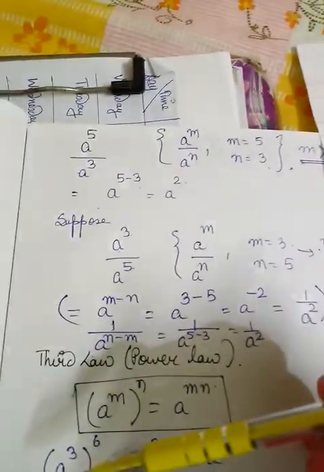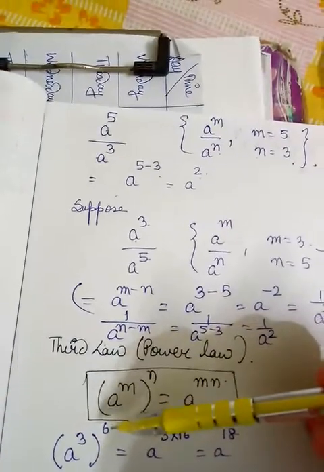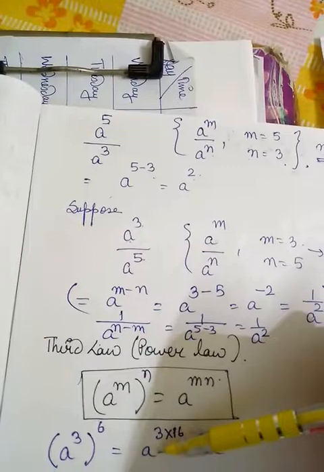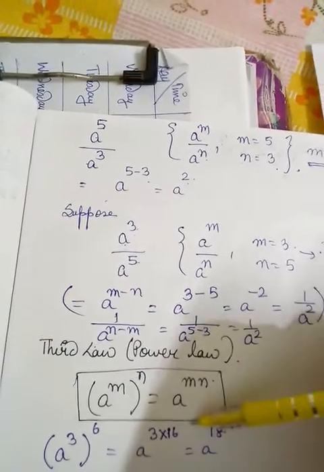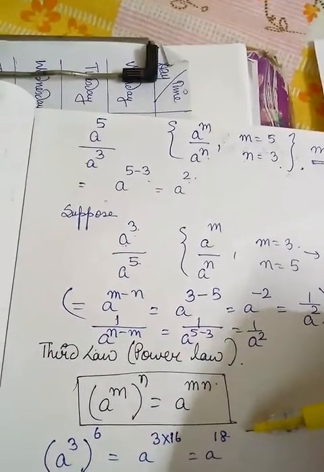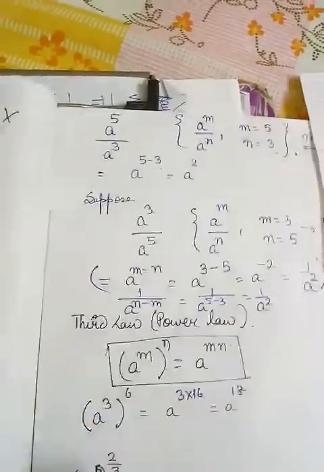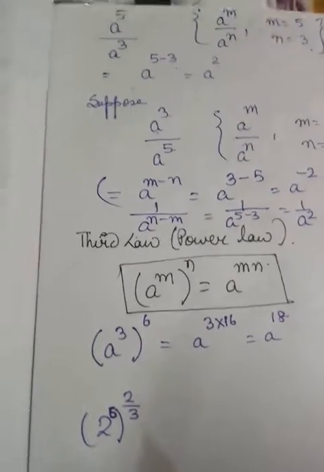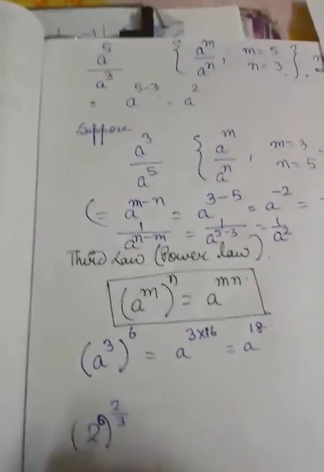As you can see, a to the power 3 whole to the power 6, which means a to the power 3 into 6. We will multiply 3 into 6 and we will have 18. Similarly, what will be this? We have 2 to the power 6 to the power 2 by 3.